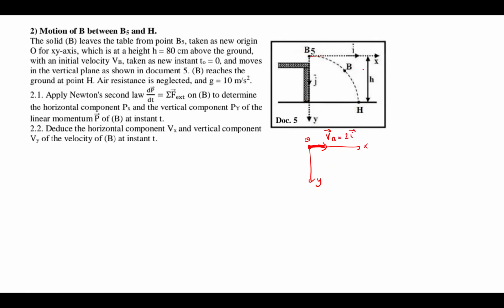And from a height of 80 centimeters above the ground, at t equal to 0, it moves in the vertical plane and reaches the ground at the point H. There's no air resistance, and take g equal 10 meters per second squared.